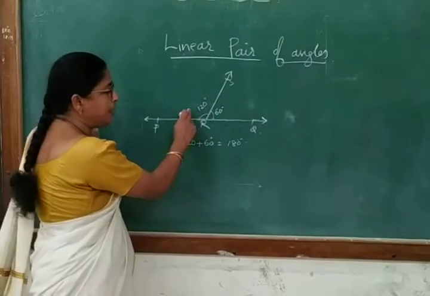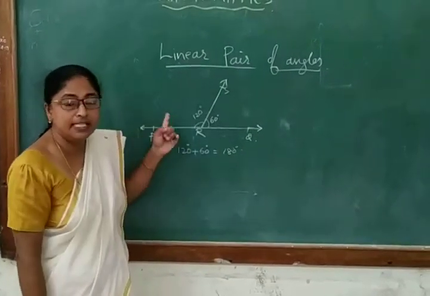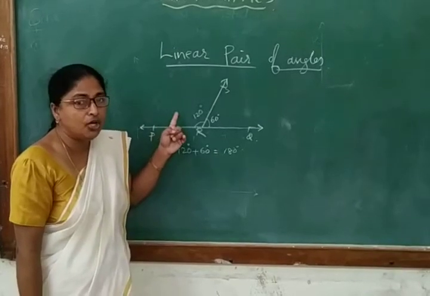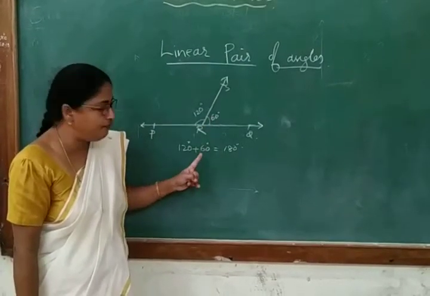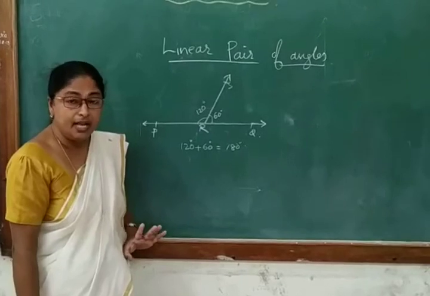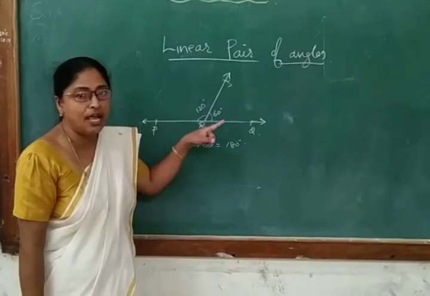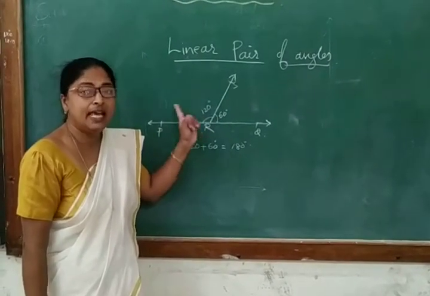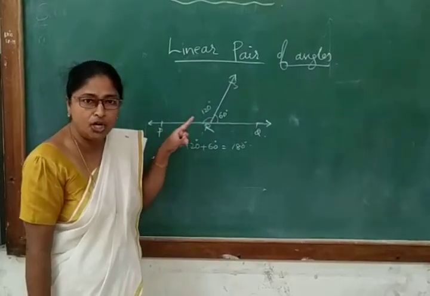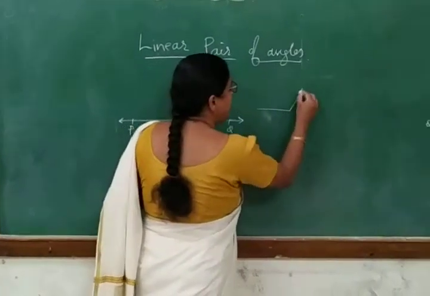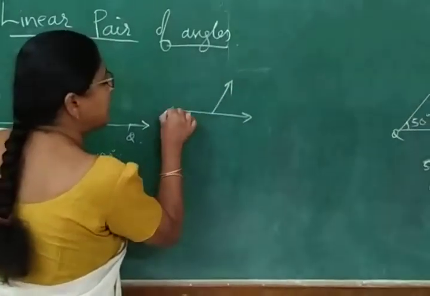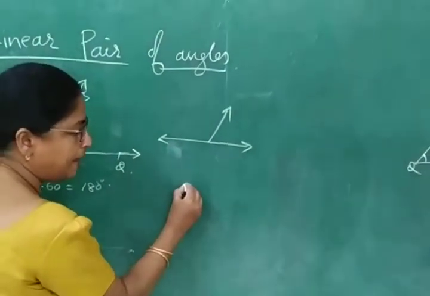And linear pair of angles will always be supplementary because the sum of their measures will be 180 degrees. But supplementary angles may not be a linear pair. They can be a linear pair, or may not be. See, these are supplementary angles and also a linear pair.